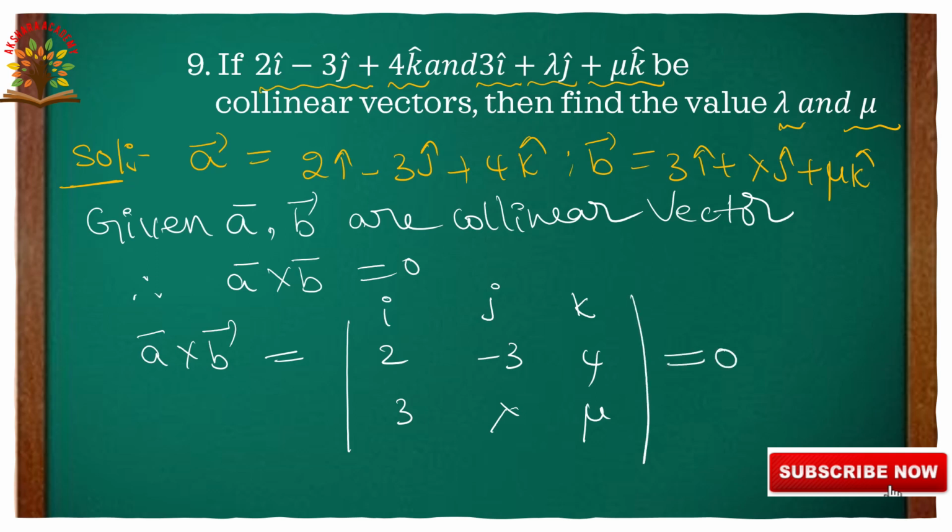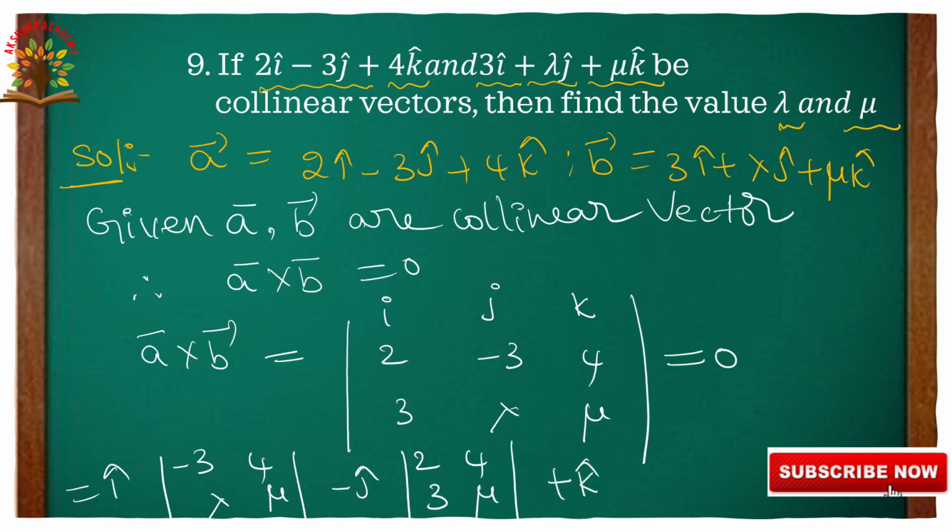So i cap times the determinant of minus 3, 4, lambda, mu, minus j cap times the determinant of 2, 4, 3, mu, plus k cap times the determinant of 2, minus 3, 3, lambda.